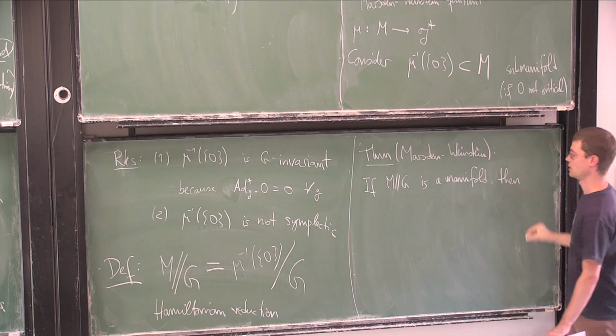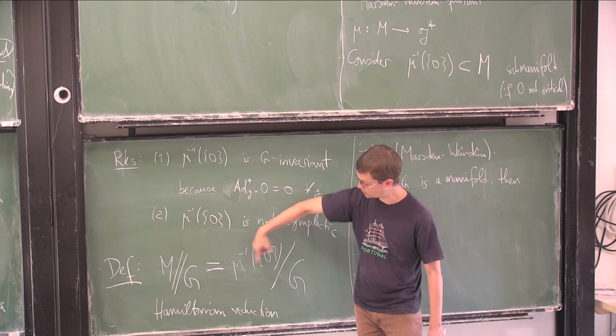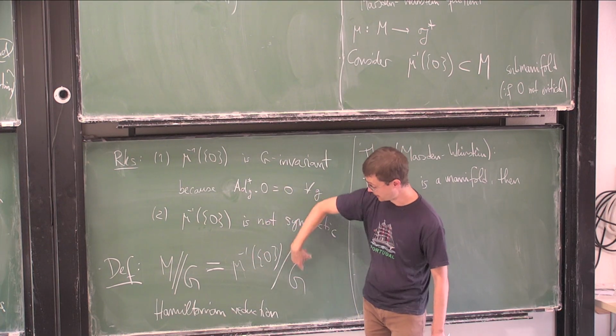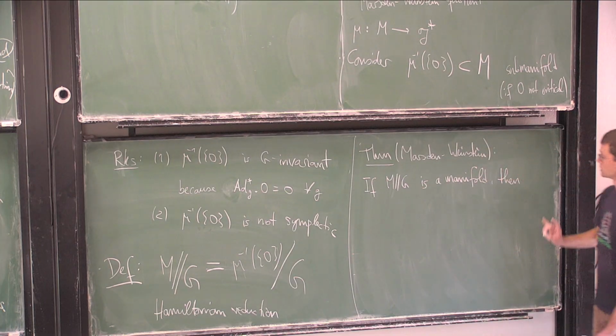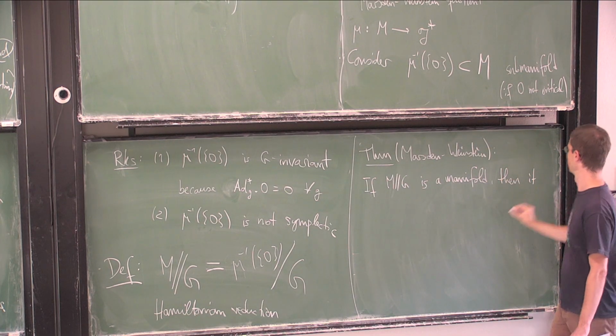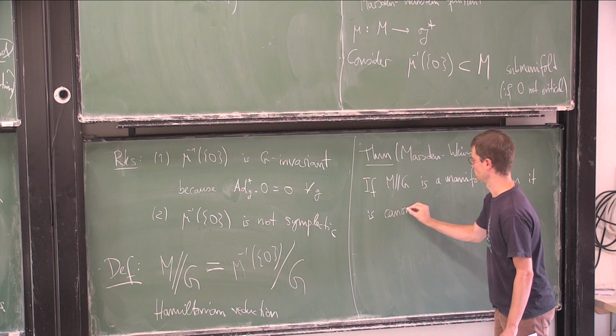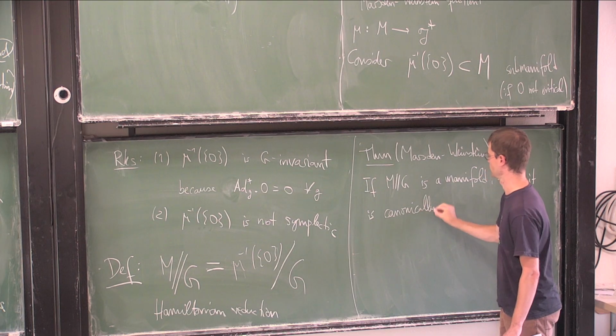For example, what you might need is maybe that 0 should not be a critical point, or maybe this action should be somehow nice. But if this quotient turns out to be a manifold, then it is symplectic. It is canonically symplectic.